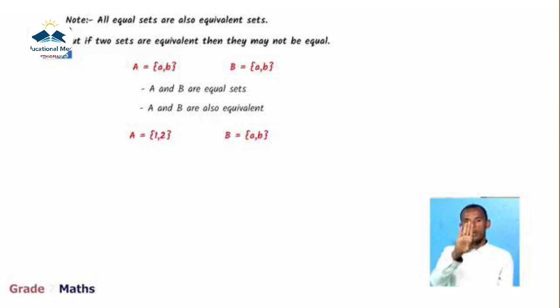The number of elements in set B also 2. They have equal number of elements. They are equivalent. But they are not equal. They do not have identical elements. So, equivalent sets may not necessarily be equal sets. But here you have to note that all equal sets are equivalent, but all equivalent sets are not equal sets.